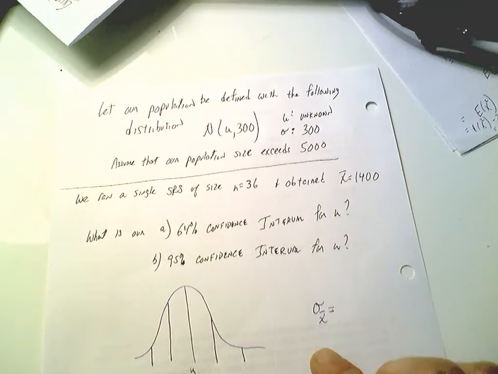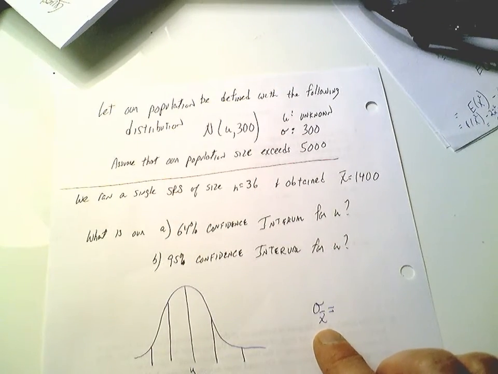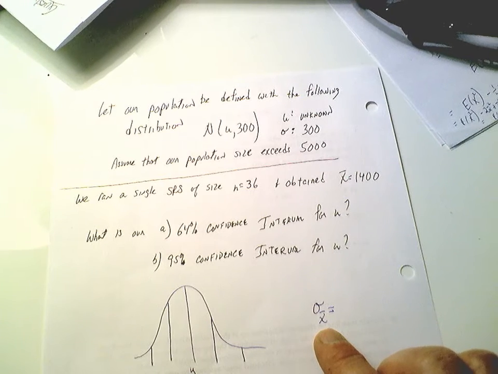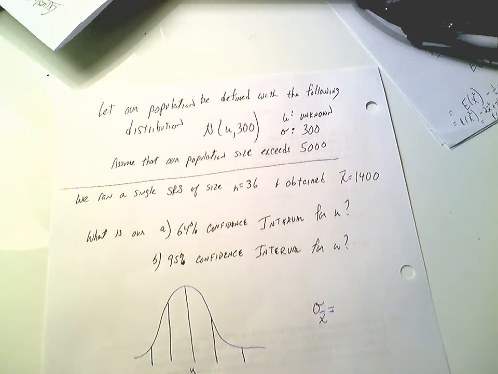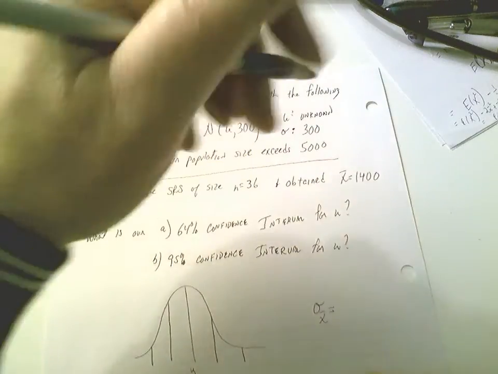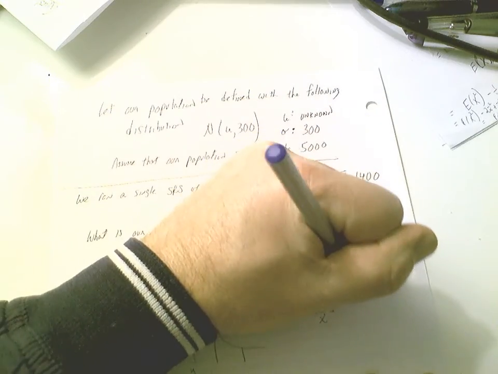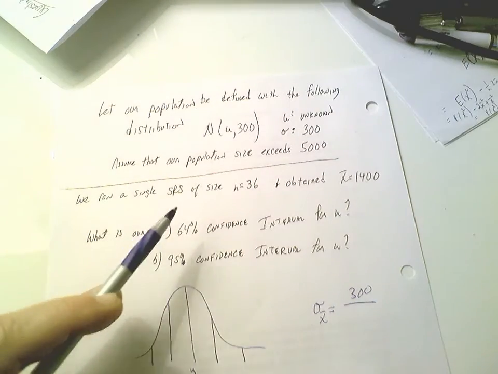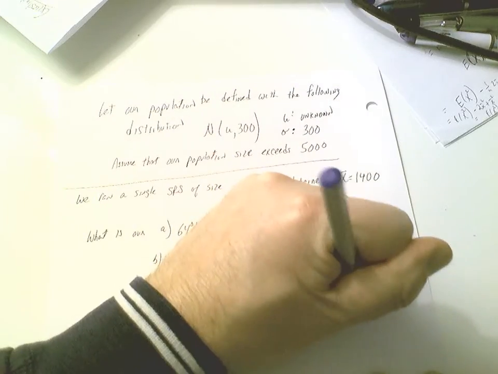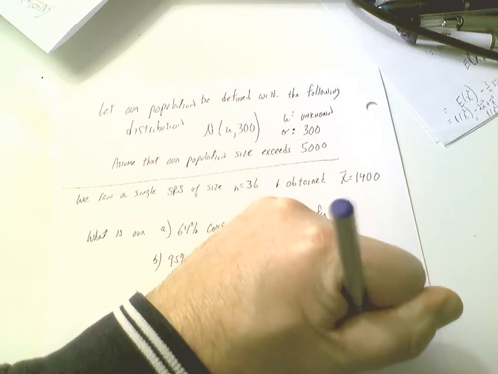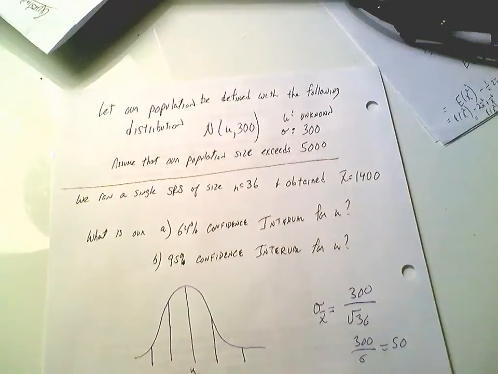We need to figure out what's the standard deviation of the sampling mean. And in this case, it is 300 divided by the square root of 36. 300 over 6 equals 50.